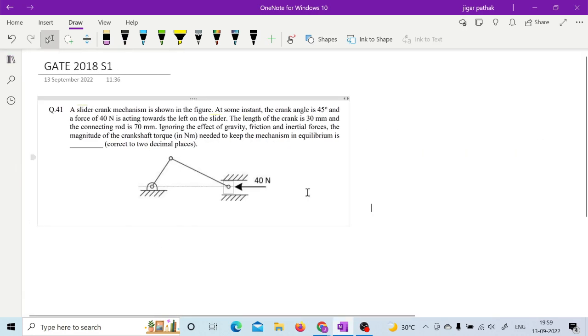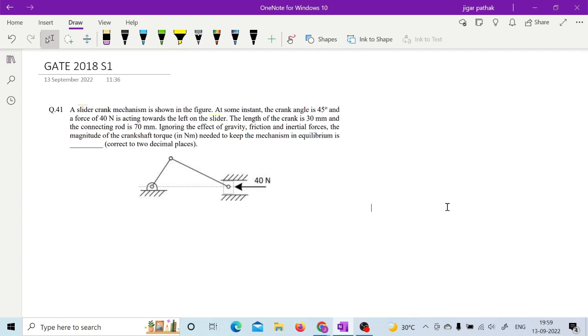So next is from GATE 2018 session 1. A slider crank mechanism is shown in the figure at some instant. Now the crank angle is 45 degree and a force of 40 kilonewton is acting towards the left on the slider. The length of the crank is 30 mm and the connecting rod is 70 mm.